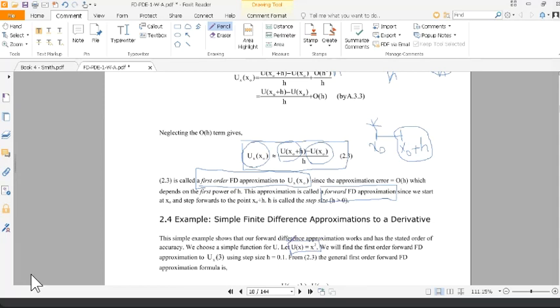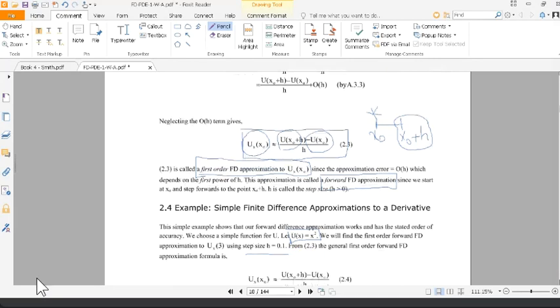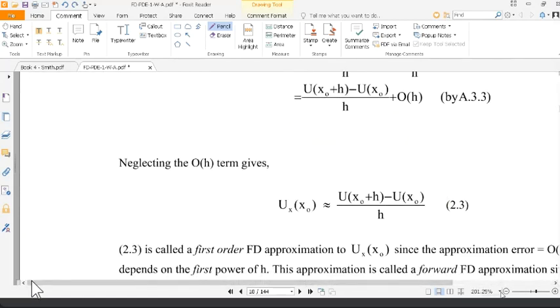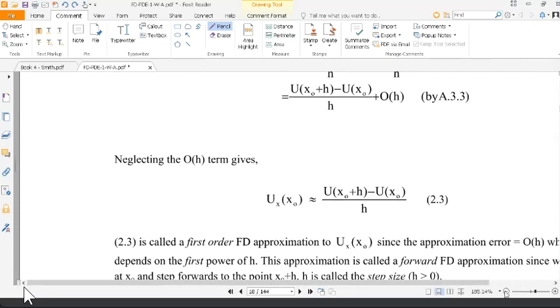And the problem says step size h, put h equal to 0.1. And by using the formula, we want to compute the derivative of u at 3.